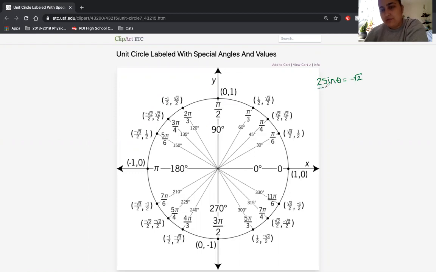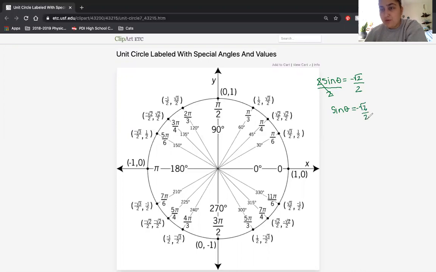So I'm going to divide both sides by 2, and I end up with sine of theta equals negative root 2 over 2.